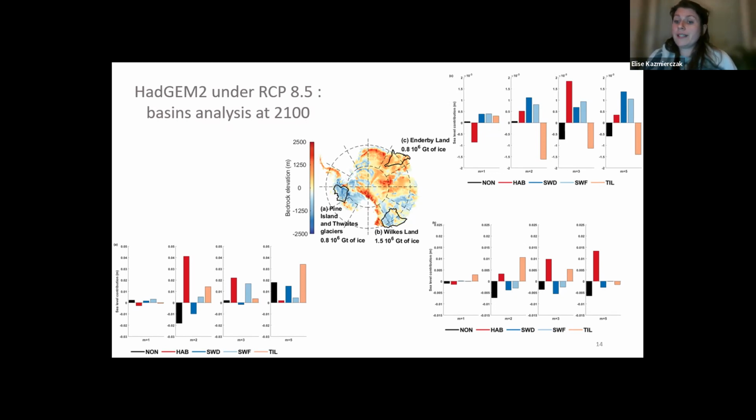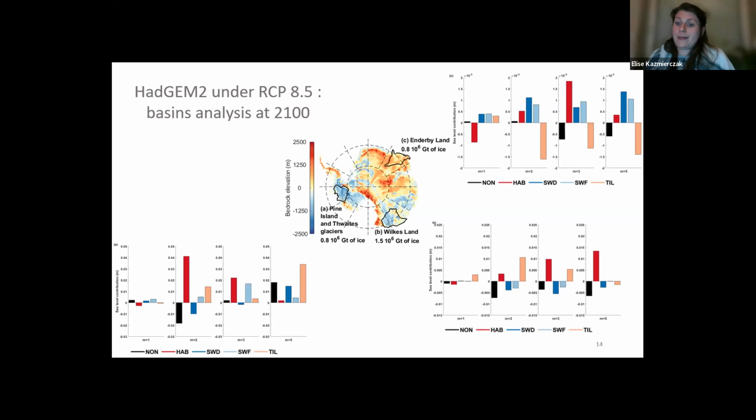You can also see that the till model, in orange in the histogram of Enderby Land, is less sensitive there because of the lack of saturated till in this basin. So the complexity in response can be attributable to other factors such as increased accumulation rates and the relatively weak ocean forcing from the forcing scenario.